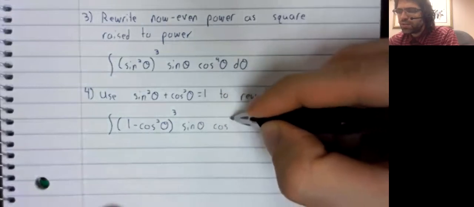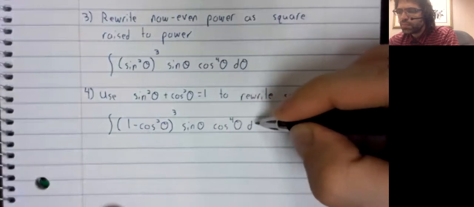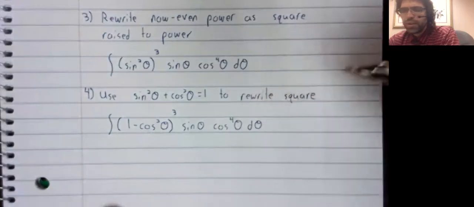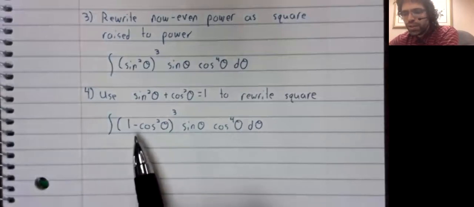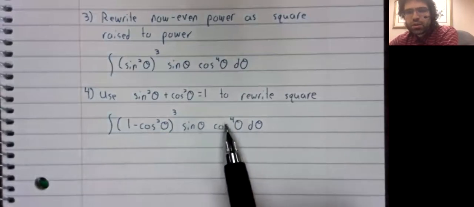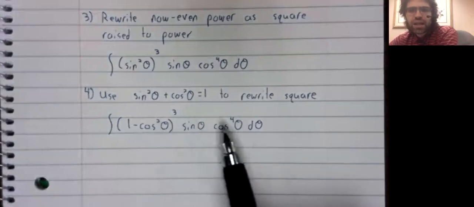And at this stage, we have entirely rewritten the integral to be in terms of cosines in this example.